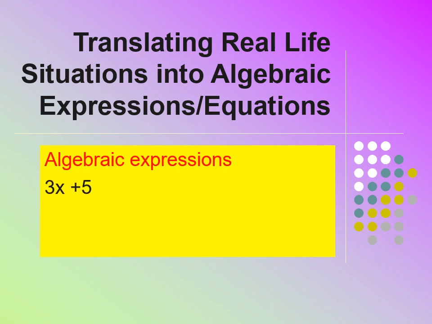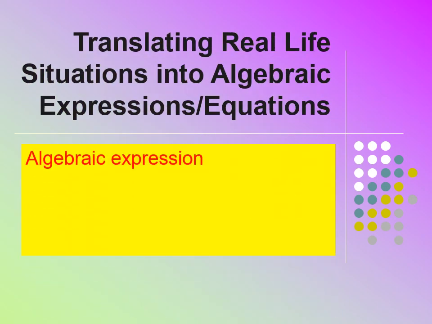So we have here two expressions, 3x plus 5 and 2y minus 7. So these two examples are algebraic expressions. So how do we describe an algebraic expression?